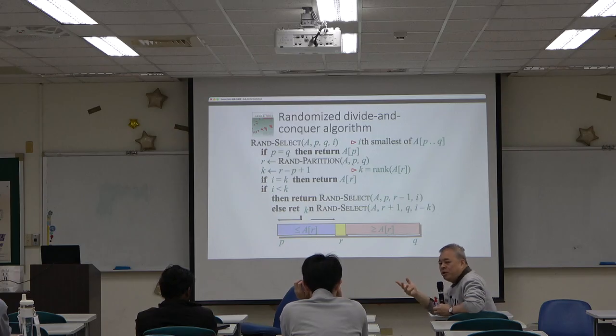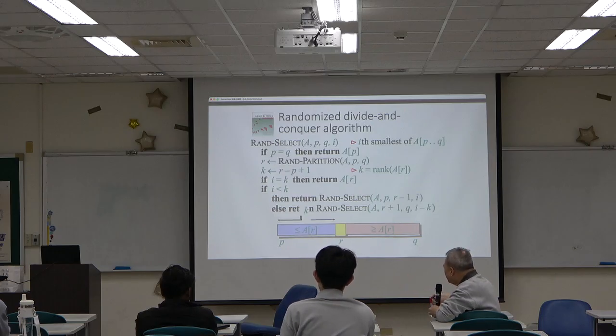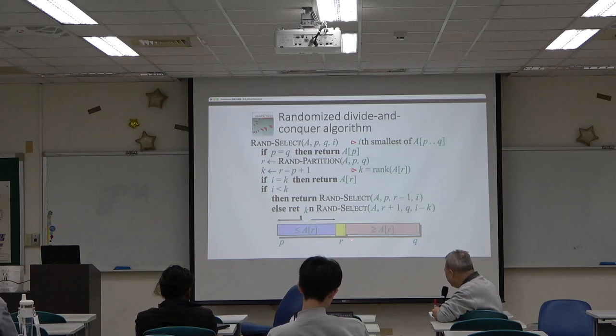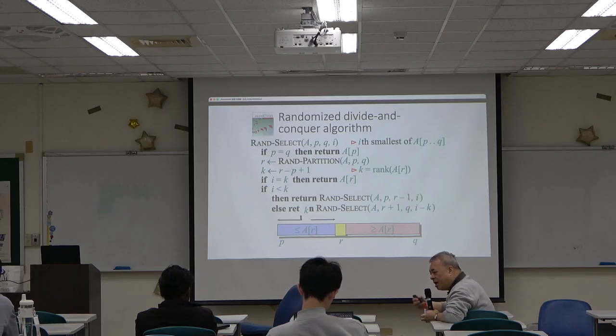If r equals i, you already found that number, which is the pivot. If r is greater than i, you need to find the i-th smallest element from the first half. If i is greater than r, you need to find the (i minus r)-th smallest element from the second half. So this is obviously a recursive approach, right?